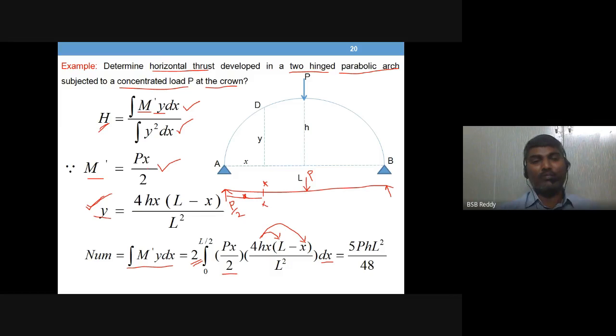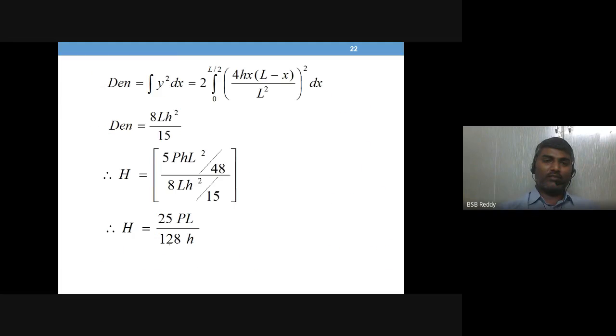That is what is beam moment. Then what is y? If it is a parabola, you write the parabolic equation y is equal to 4hx into L minus x by L square. That you substitute into the numerator value. So if you evaluate the simplification, the integration process will give you 5PHL square by 48. Okay. Right. Let's proceed for the denominator.